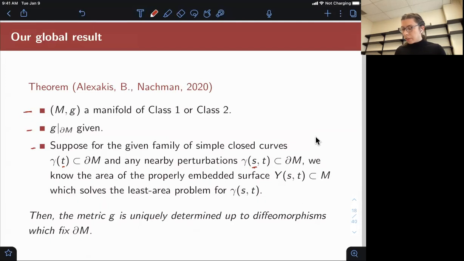The surface with boundary curve, say gamma_st, I'm going to denote by a capital Y_st. This surface solves the least area problem for the boundary data of gamma_st, and I know the areas of these surfaces. Then the metric is uniquely determined up to diffeomorphisms which fix the boundary.